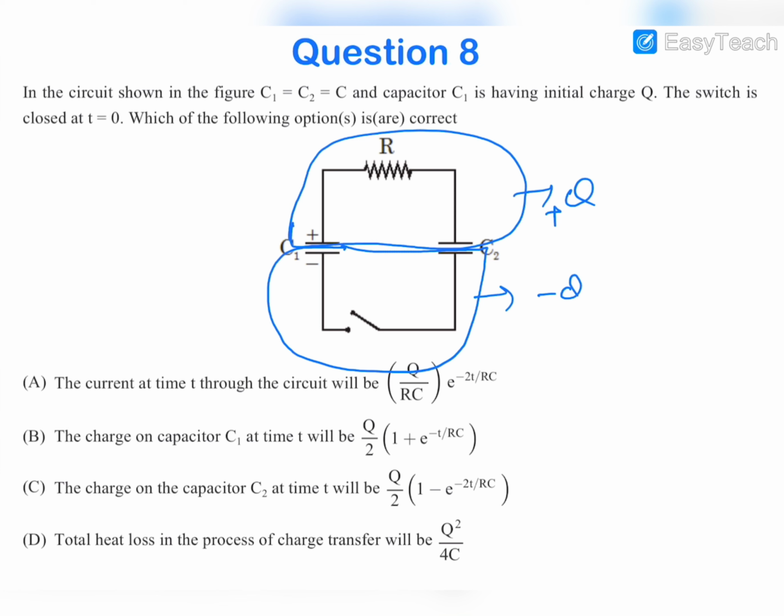So as soon as we are closing the switch, current will be appearing in the circuit and it would decay.